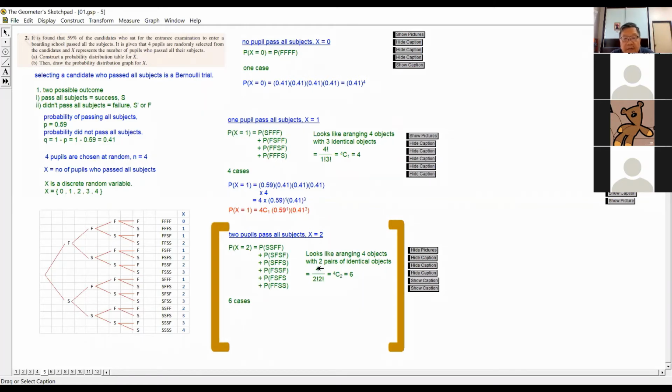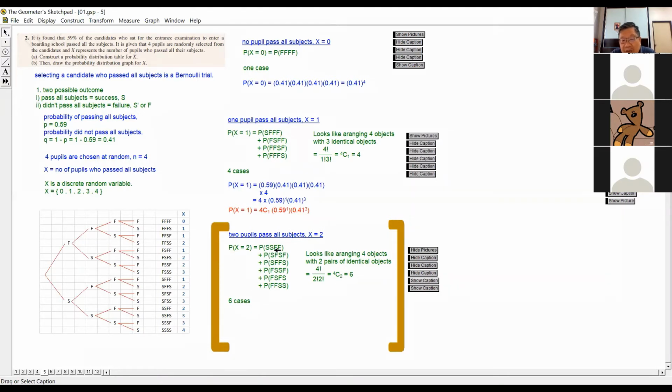So it will be 4 factorial divided by 2 factorial for the S's and 2 factorial for the F's. This looks familiar: it is 4 choose 2, and sure enough, 4 choose 2 is also 6 ways.